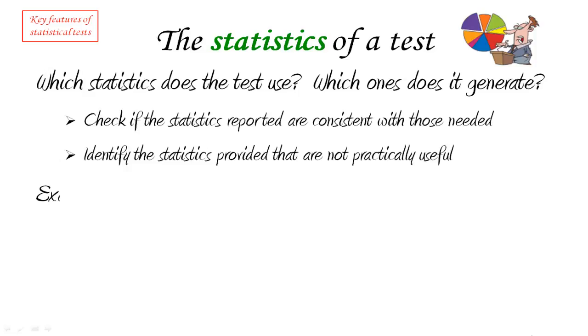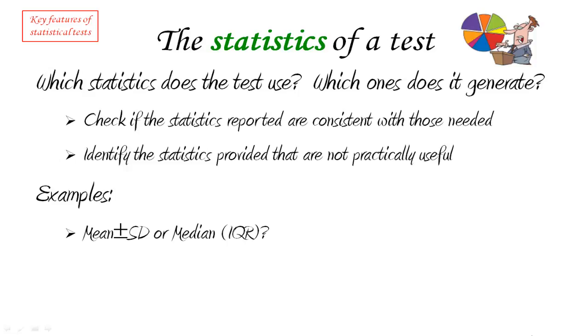Okay, let me give you again some examples. For instance, does a test use mean and standard deviations, or does it use median and interquartile range? If the test uses mean and standard deviation, then we expect those to be listed in the article somewhere, maybe in a table or anywhere else, but they should be there.